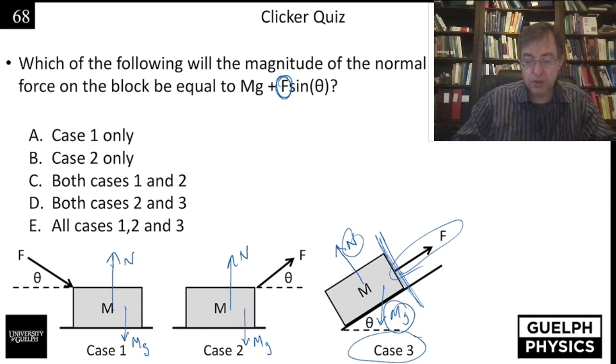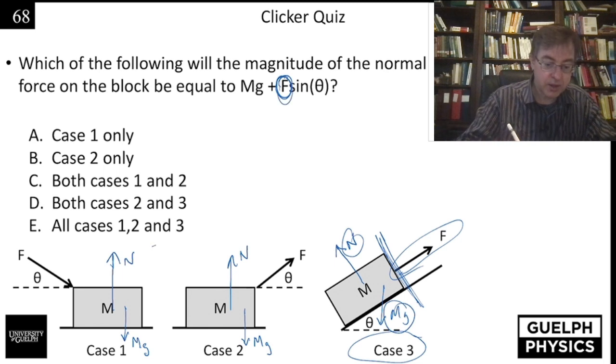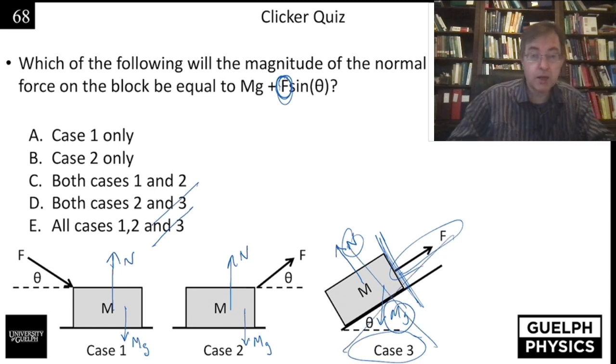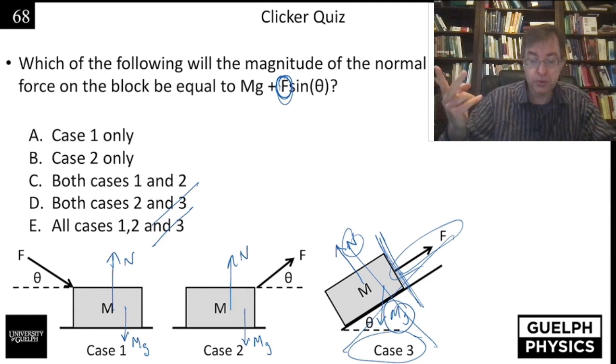So case 3 cannot contain F, and so case 3 is eliminated. The normal force will not have that form. So it's either going to be case 1 or case 2 or both.